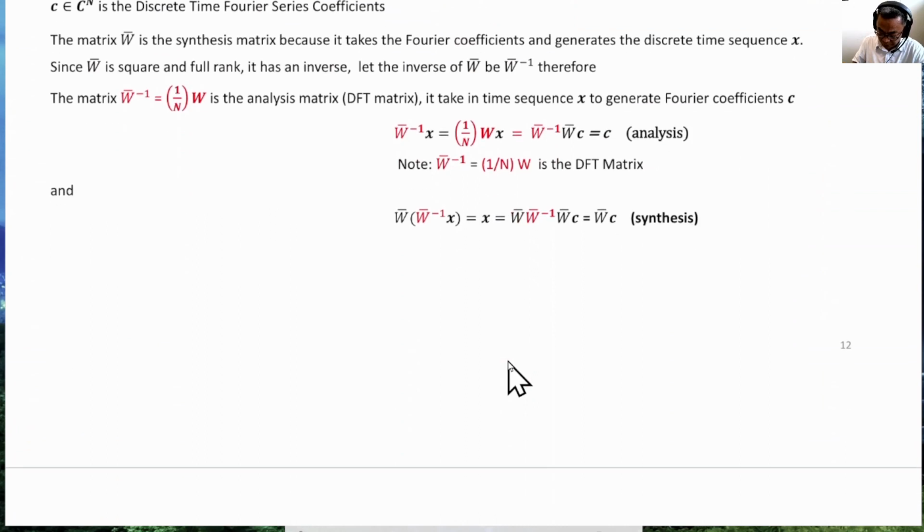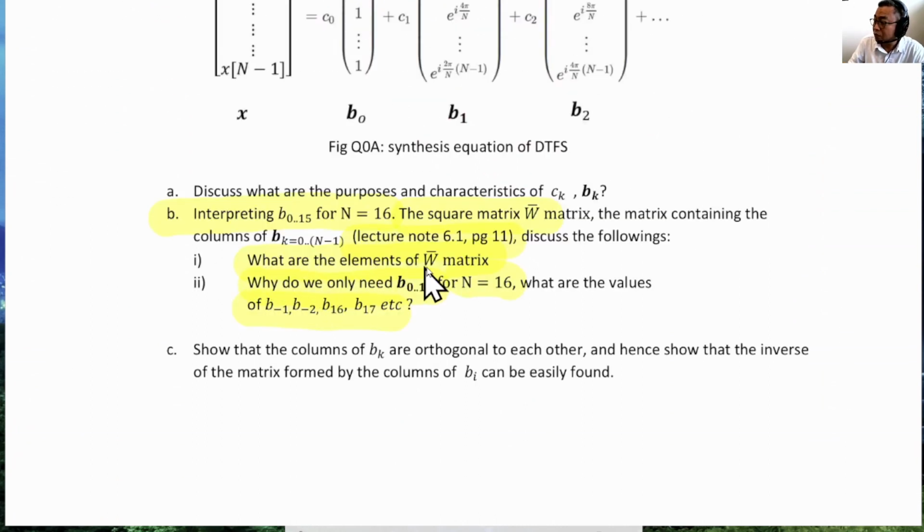We put them into the matrix W hat. The columns of W hat are B0, B1, B2, and so on. So now we know what the elements of W hat are. The second part of the question says, why do we only need B0 to B15? What about B16, B17?